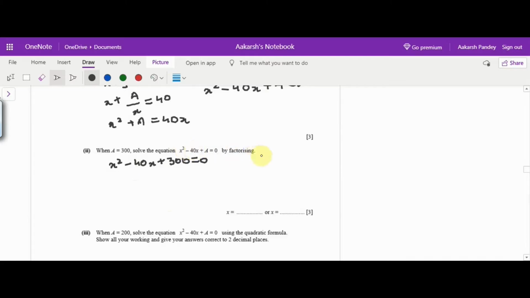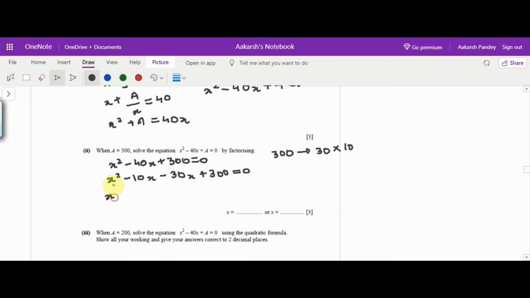So I can write 300 as 30 times 10. So let me break this as x square minus 10x minus 30x plus 300 equal to 0.